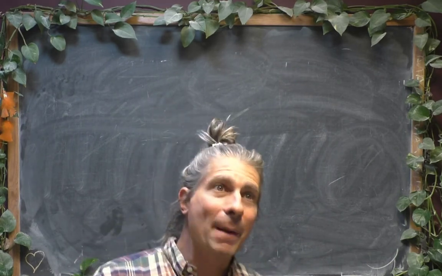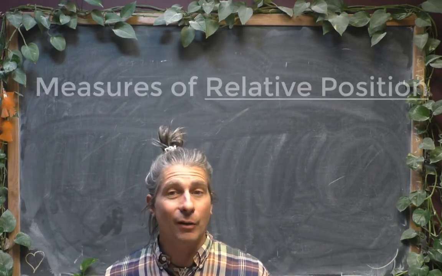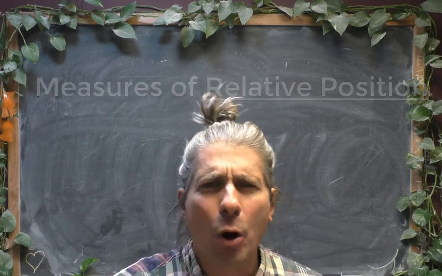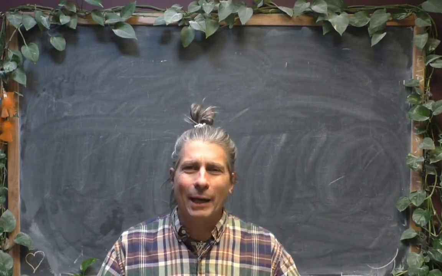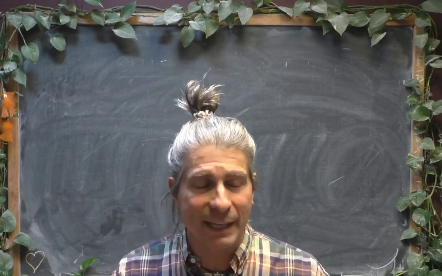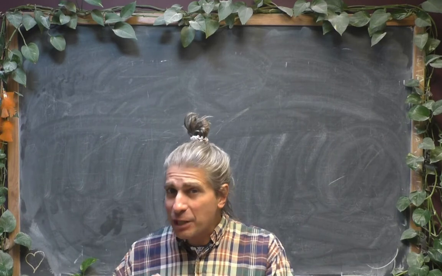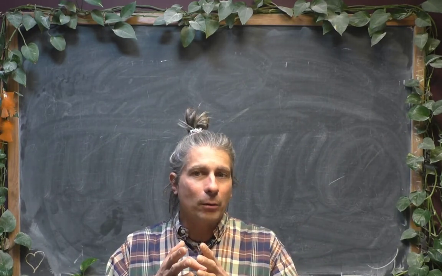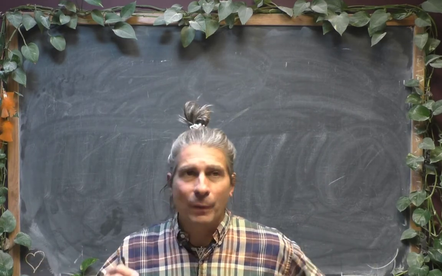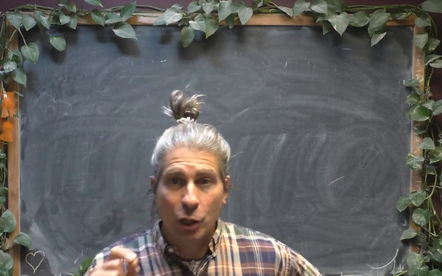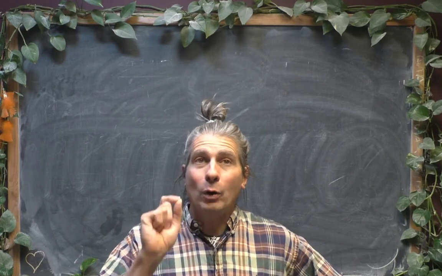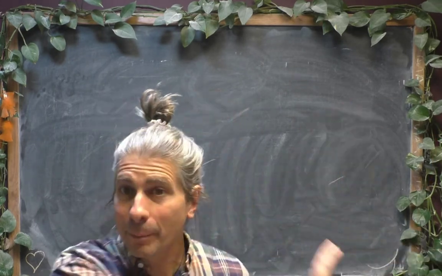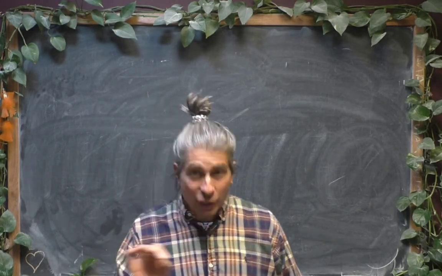Percentiles are a member of a group called measures of relative position, whereas an average or a mode was talking about the center or middle of a data set. And the measures of variation, like standard deviation and mean absolute deviation, are talking about how spread out data is. Measures of relative position talk about how data compare to other data in the set. Not to an average, not to a median, but how they compare to each other.